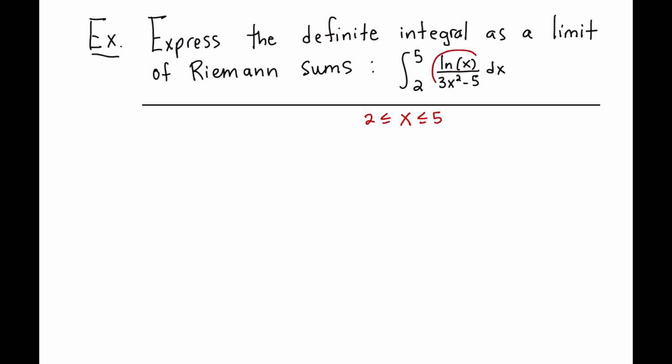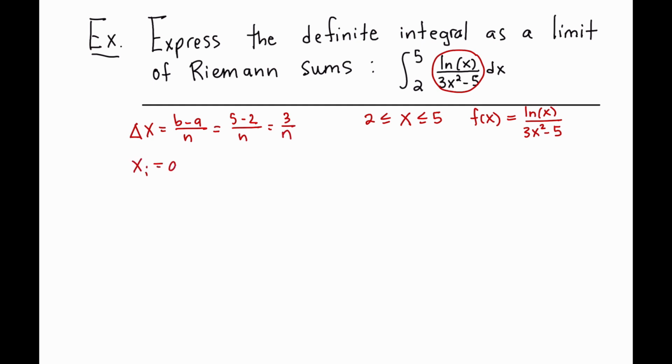And this tells me that my function is f of x equals ln x over 3x squared minus 5. Once again, I'm going to calculate delta x, which is b minus a over n. In this case, that is 5 minus 2 over n, or 3 over n.